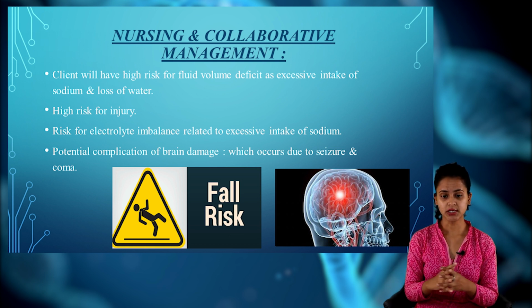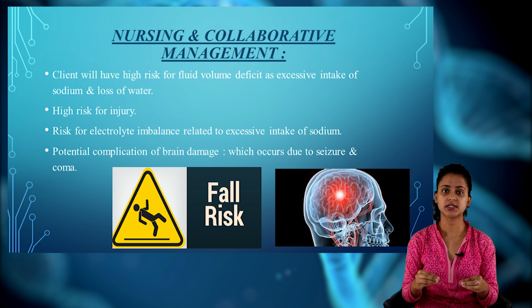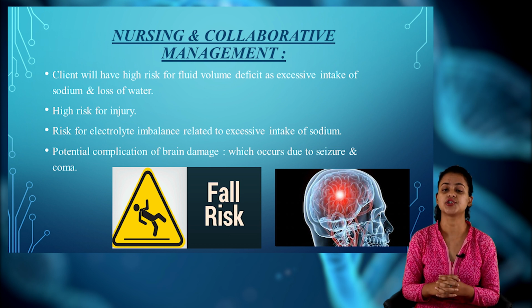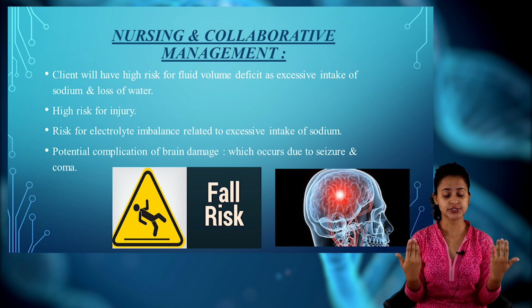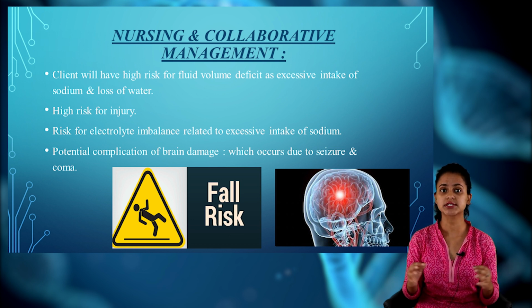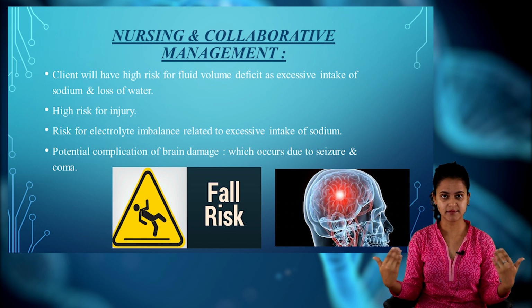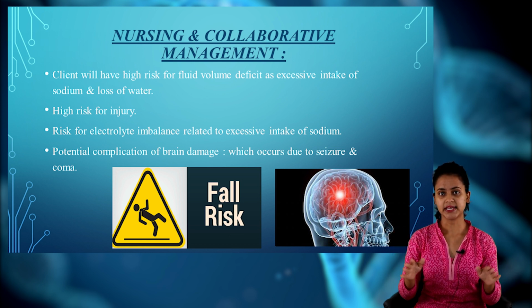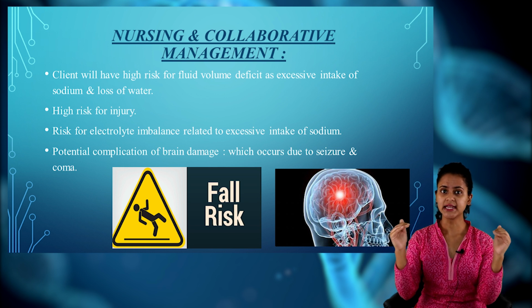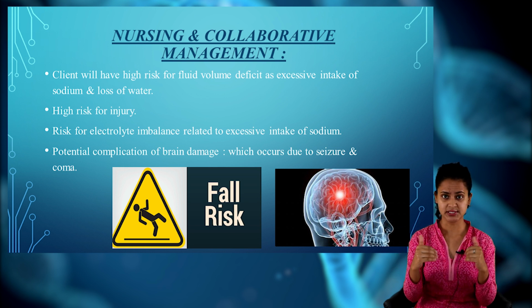The potential complications often include the chances of brain damage, as there is increased seizure or the patient is going into a comatose state. We are going to see the client may develop brain damage. That is the reason a nurse plays a very vital role in finding out the hemodynamic status or the vital signs of the patient at the initial period.